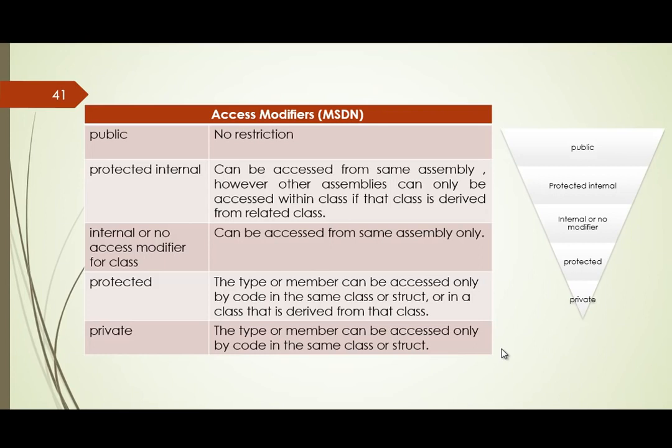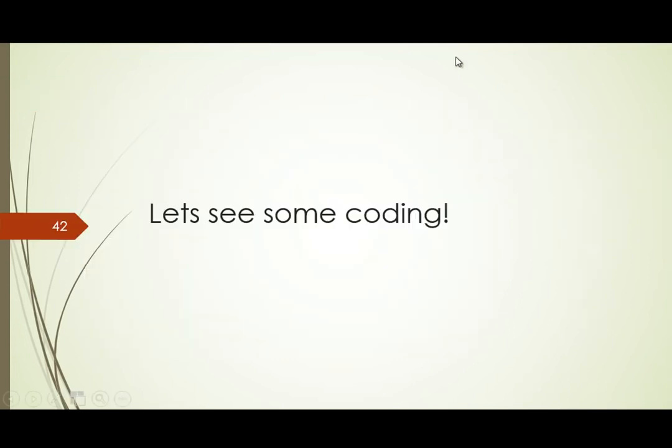So a project means the assembly file. For simplification, when you compile a project, you will get an assembly file. It could be an exe or a DLL, and whatever it is, it's just an assembly. So let's go to Visual Studio and see some coding about access modifiers.